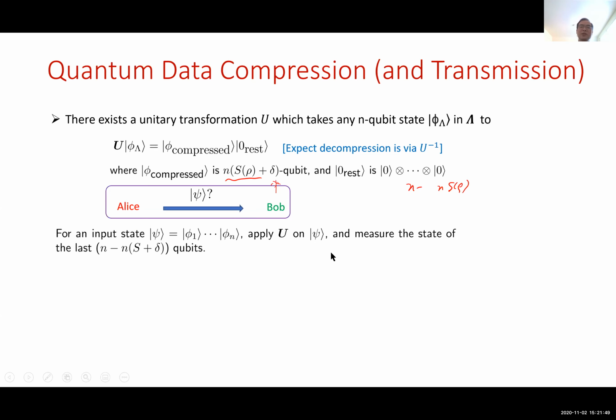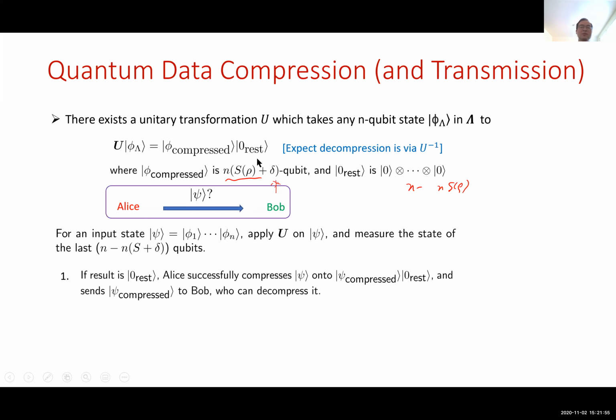So I can measure these last few qubits to see if it really projects to 0. If the result is really 0, that means Alice successfully compresses the state she wants to send into the typical subspace, and that could be represented by fewer qubits.